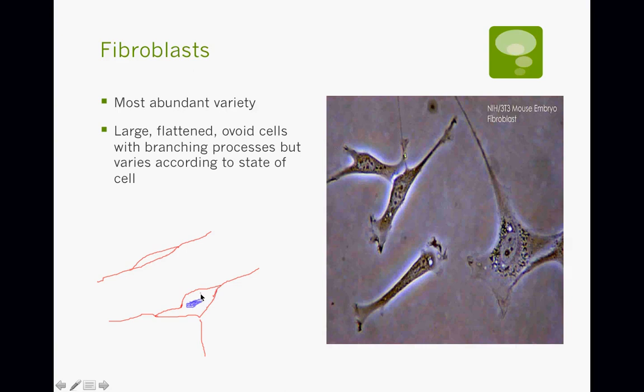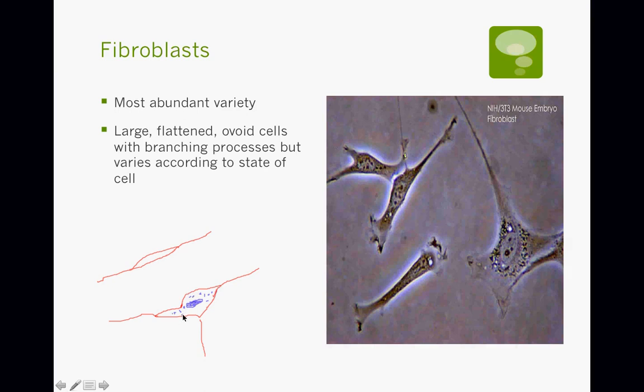I've just given it a blue shade, and there are numerous blue zones or granules which represent the rough endoplasmic reticulum, and the whole of the cytoplasm will give you a bluish appearance.